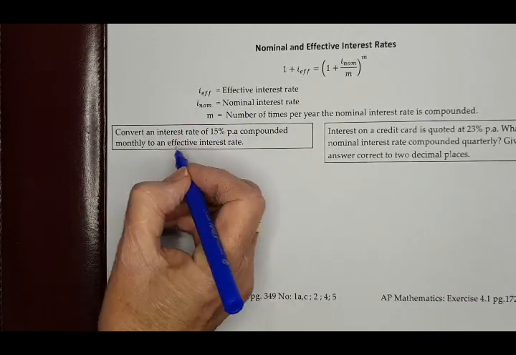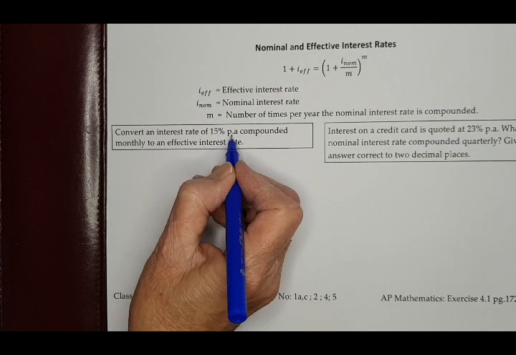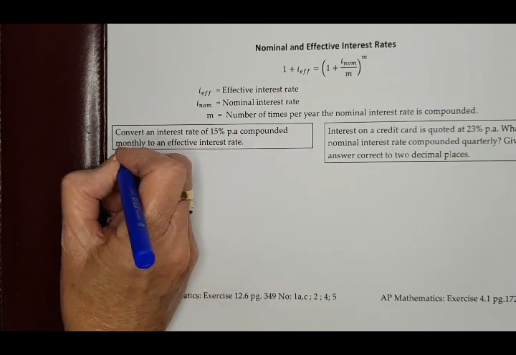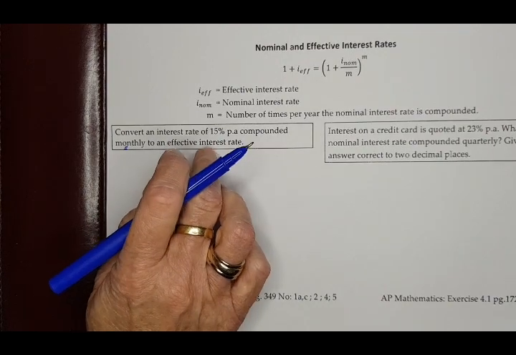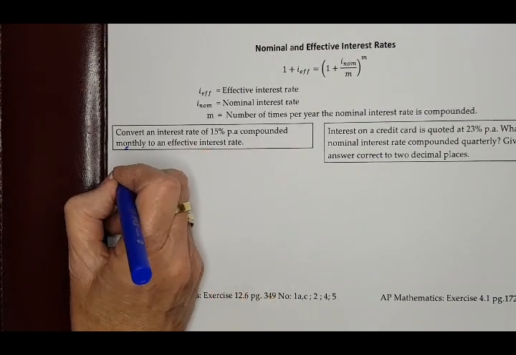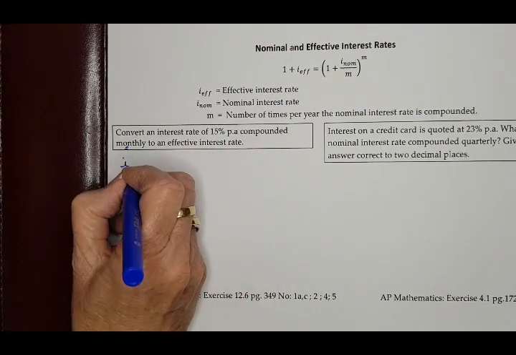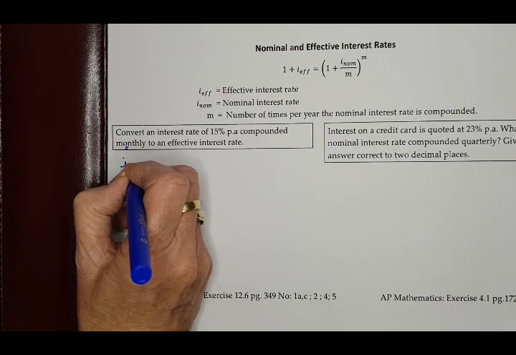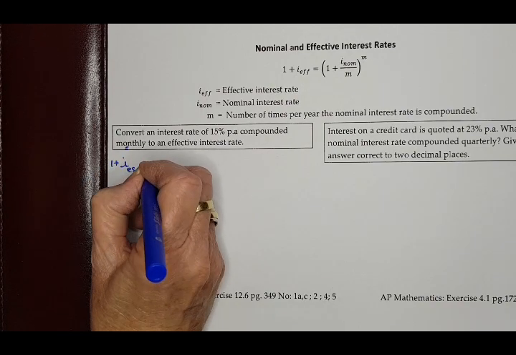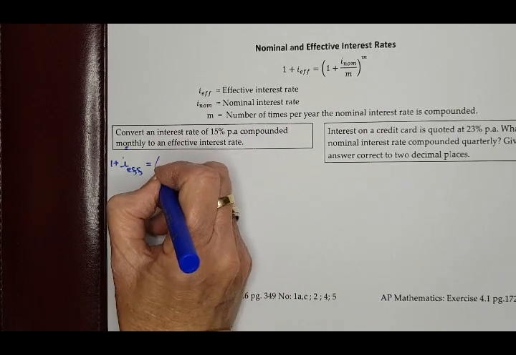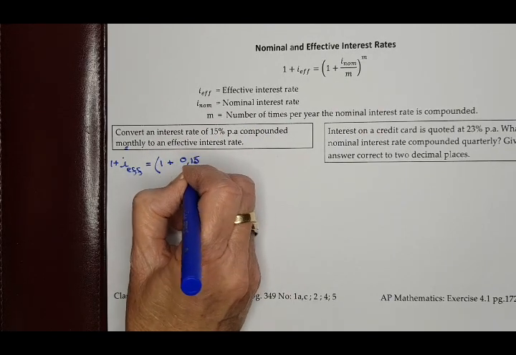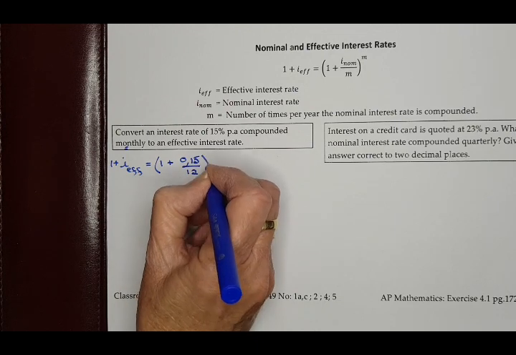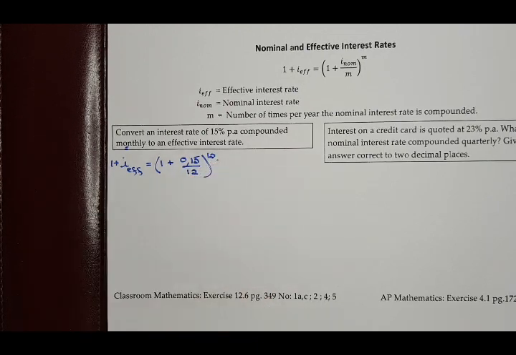Two little examples. Convert an interest rate of 15% per annum compounded monthly. In other words, I'm giving you the nominal interest rate and I'm asking for the effective interest rate. So my effective interest rate plus 1 is going to equal 1 plus 0,15 over 12, since it's compounded monthly, raised to the power of 12.